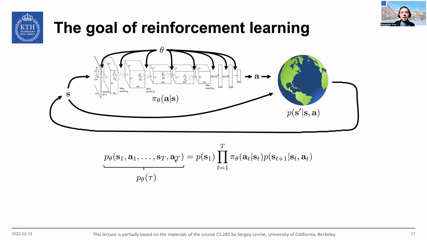I think we'll be mostly using tau as a notion, denoting the trajectory. And the goal of reinforcement learning is basically to find the best parameters of the policy, theta, that maximizes the following equation.